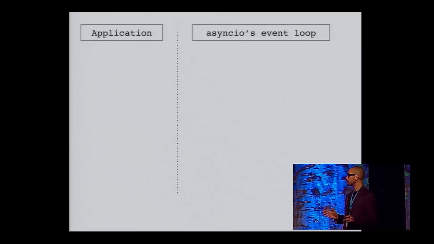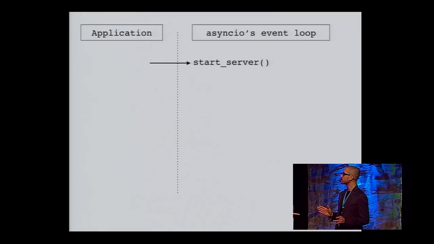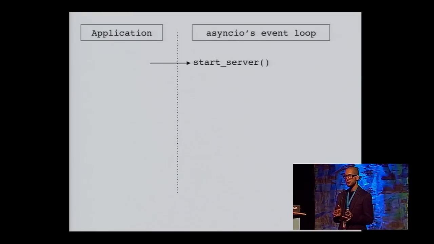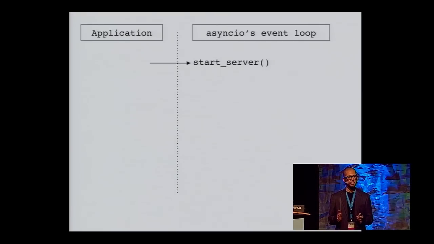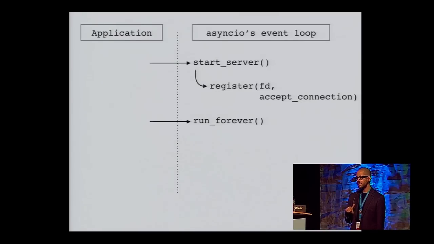And for visual learners, we can go through it again with boxes and arrows. So first we saw the application start up, and it called start_server on the event loop. And then the event loop registered a file descriptor with the selectors module and passed in the accept_connection callback. After that, we returned to the application, and we saw the application call run_forever on the loop.